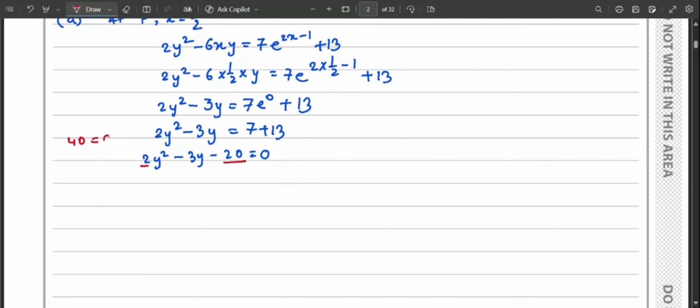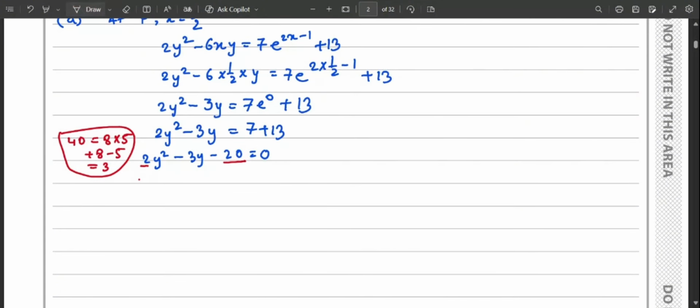And we can write out 40 as 8 into 5. We can also see that plus 8 and minus 5 is equal to 3. Realizing this gives us the terms that we need to use in our middle term.